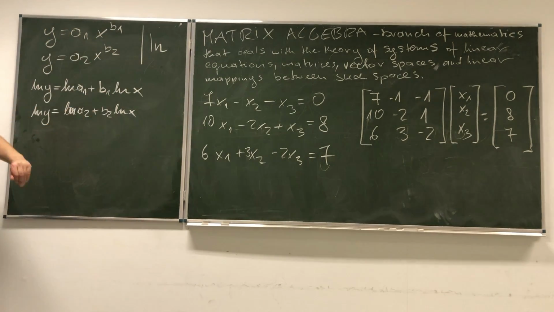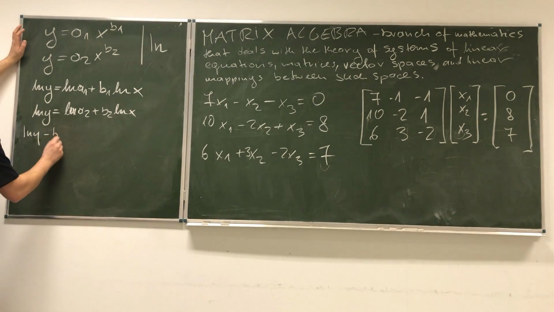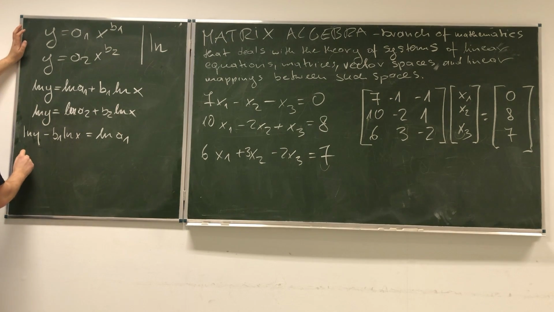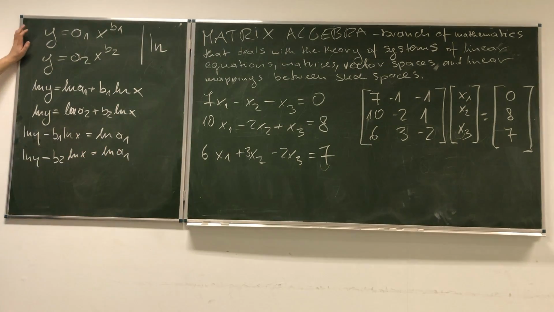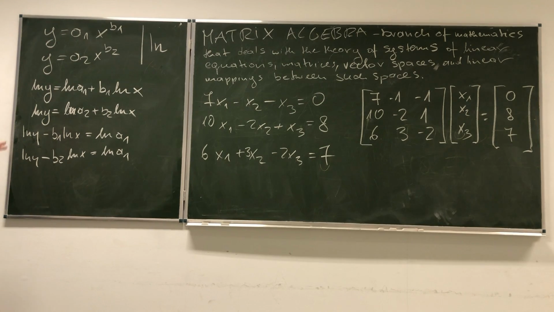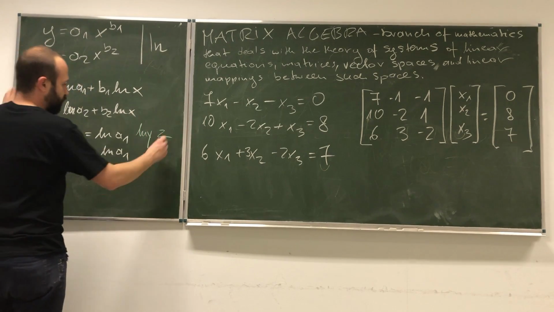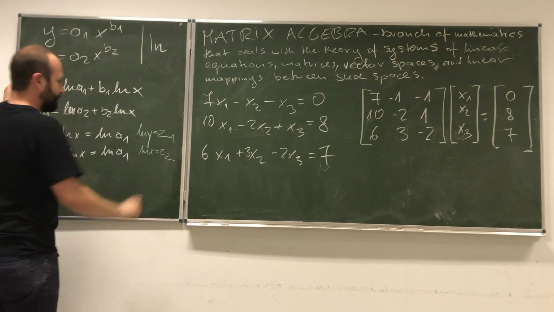And now look, if I would move parts with x over here, so I would have ln y minus b1 ln x equals ln a1, and ln y minus b2 ln x equals ln a2, we are still able to use the same tools. Because look, now I can simply say that, let's just say that ln y is some z1, ln x is some z2.